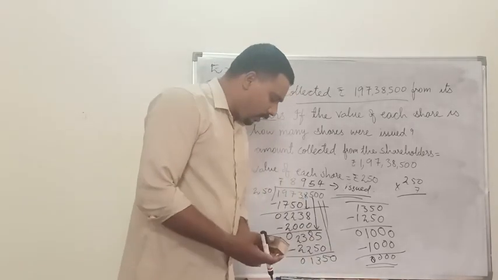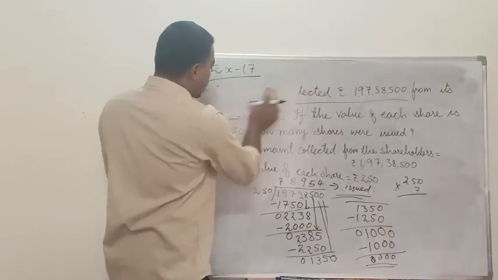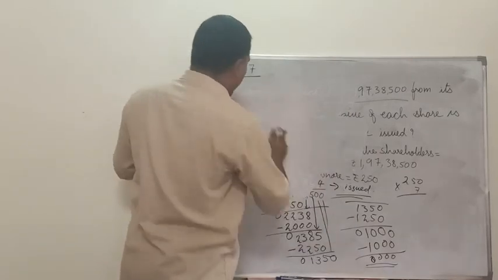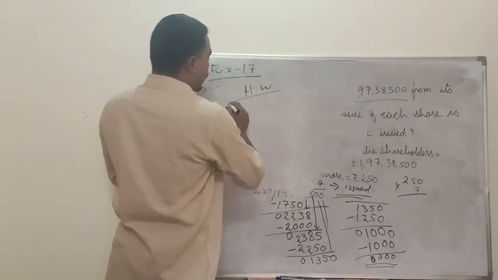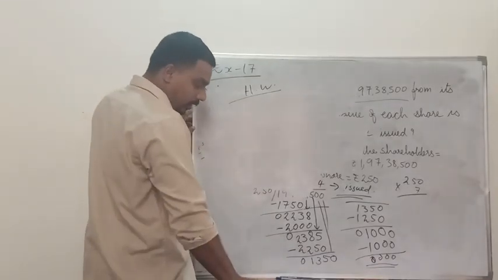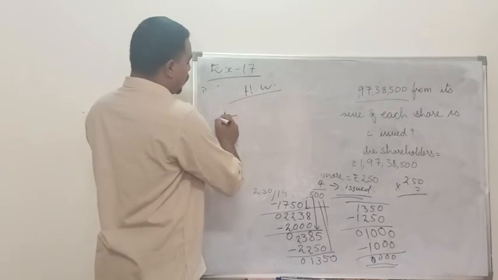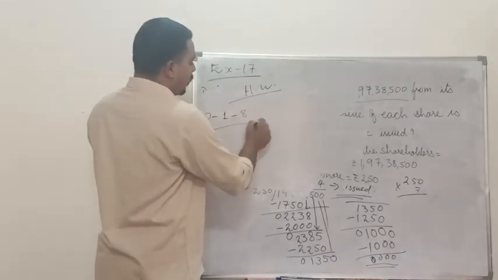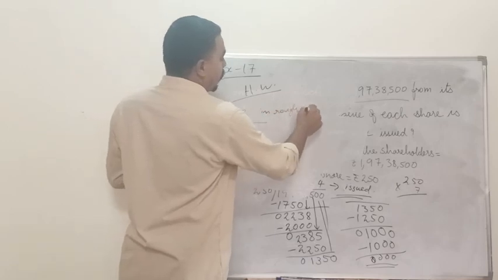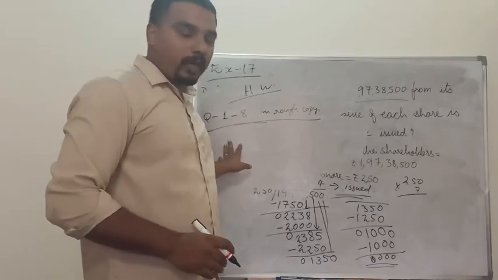You can do this problem solving exercise, the same exercise number 17, questions 1 to 8, in your rough copy. Okay, so this is the homework.